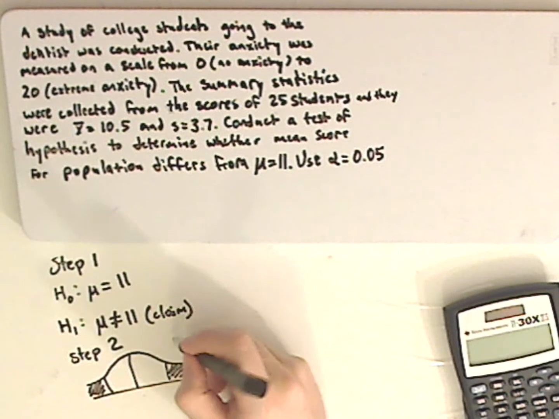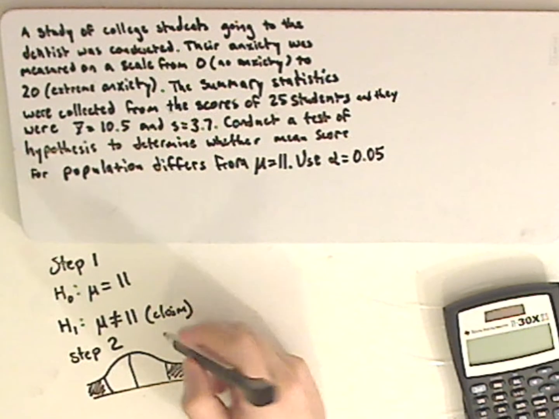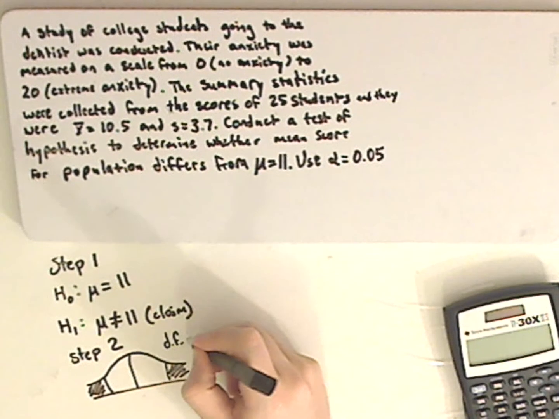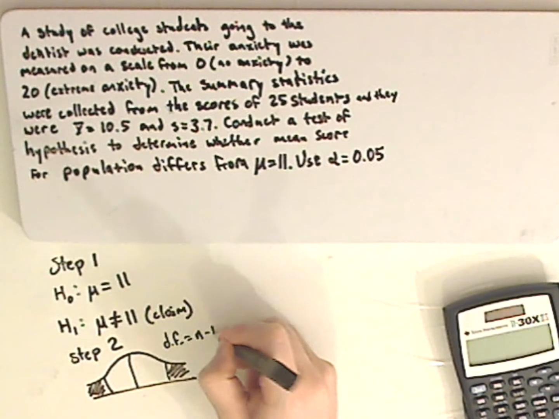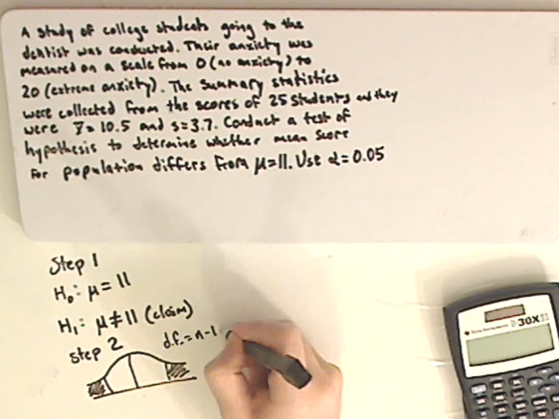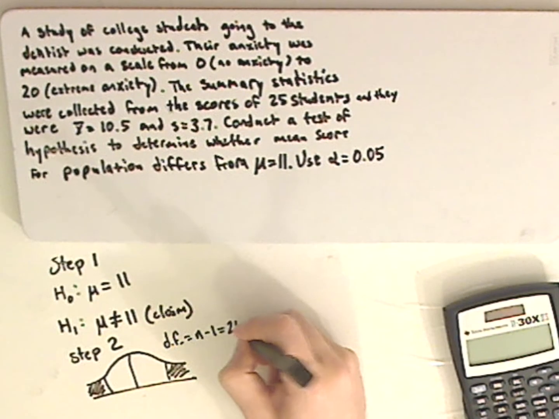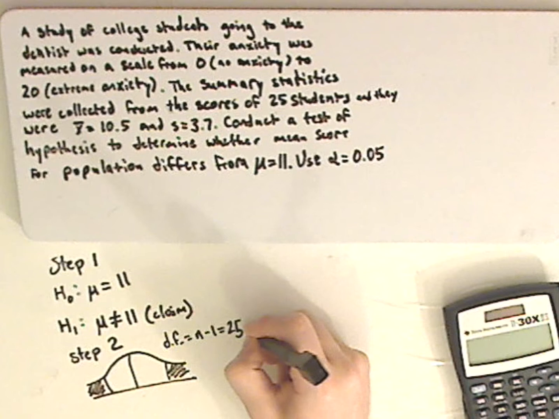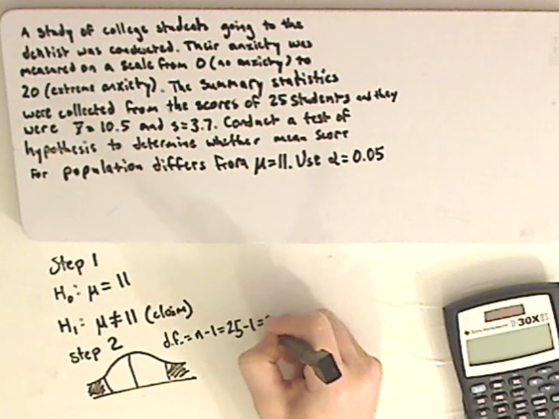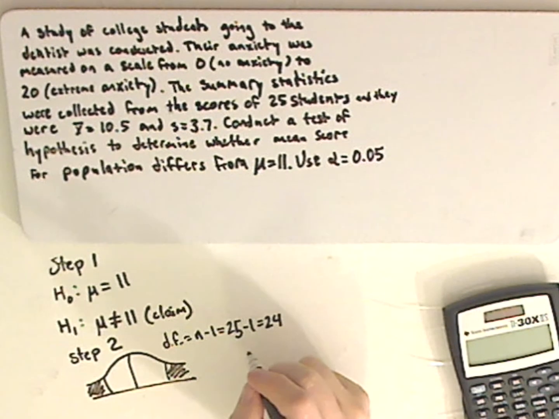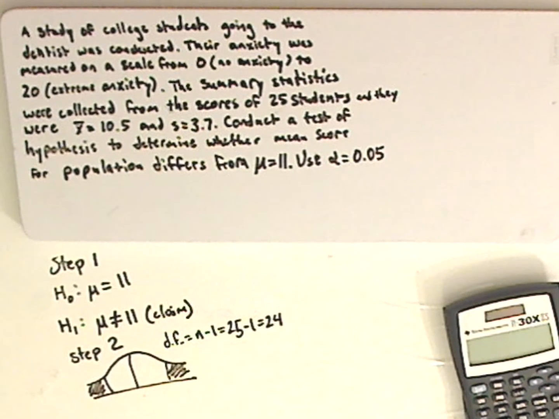So you need degrees of freedom. Your degrees of freedom equals n minus 1. In this problem, it would be 25 minus 1, which is 24. Then you need a table for your t-scores.